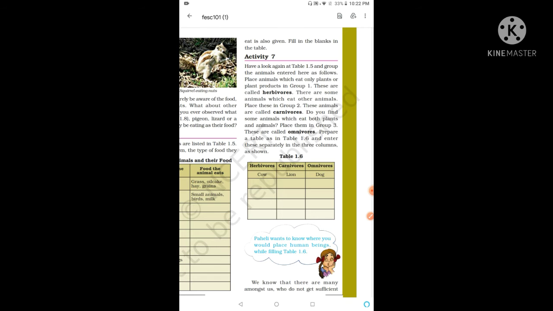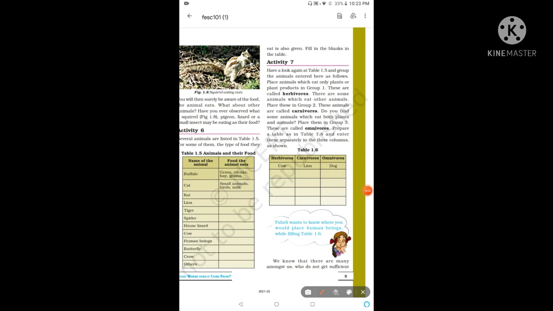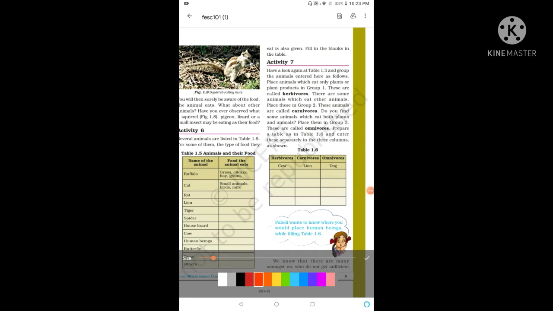Look again at table 1.5. This table, okay? And group the animals entered here as follows. Place animals which eat only plants or plant products in group 1. So in group 1, you have to write only the names of animals who eat only plant products.